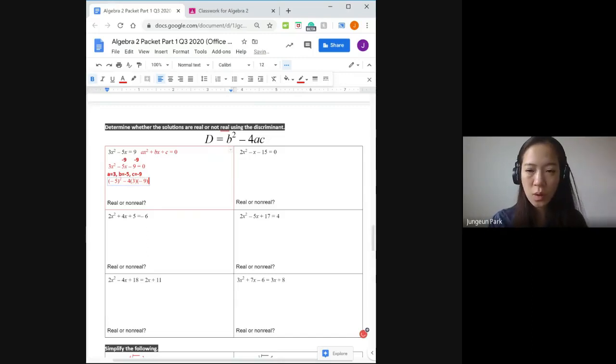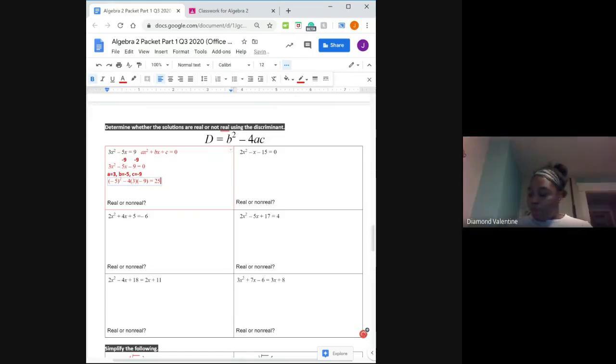So you said 25 and then minus. What about this part? -4 times 3 times -9. Negative 4 times 3 gives you negative 12. And then you multiply by negative 9.